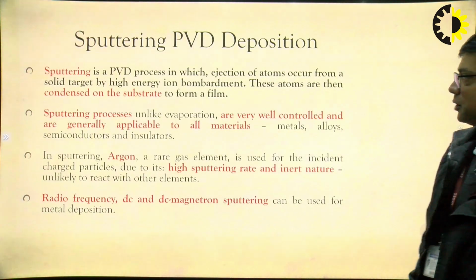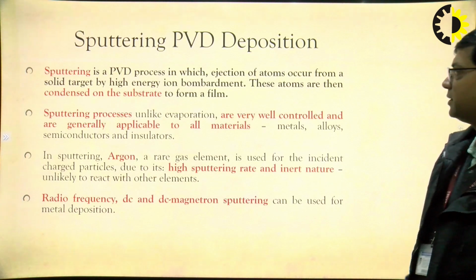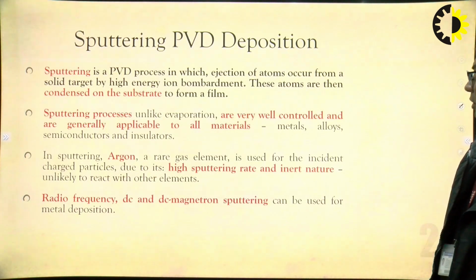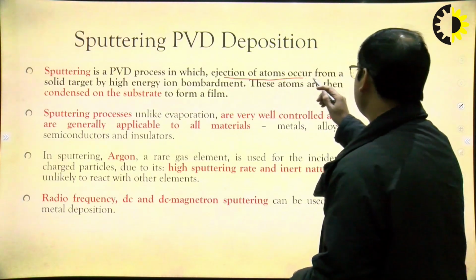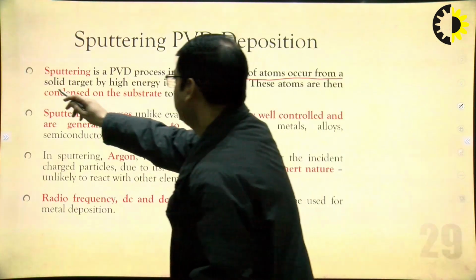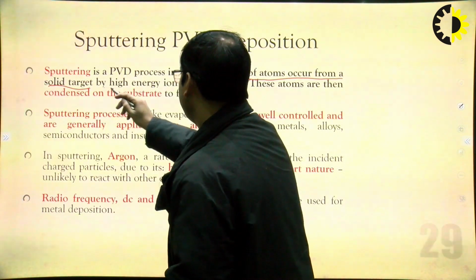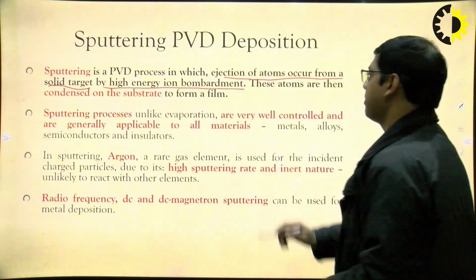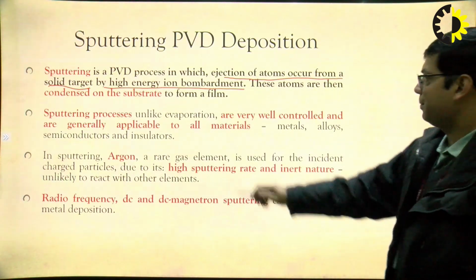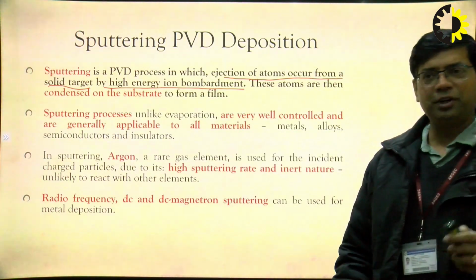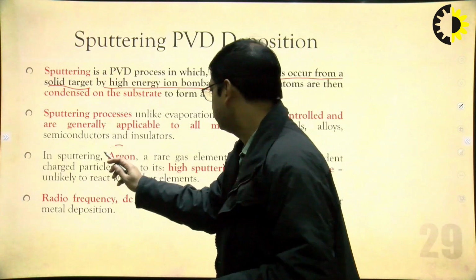The next is sputtering process. Sputtering is a PVD process in which ejection of atoms occur from a solid target by high energy ion bombardment. Here, for ion bombardment, we are using inert gas.